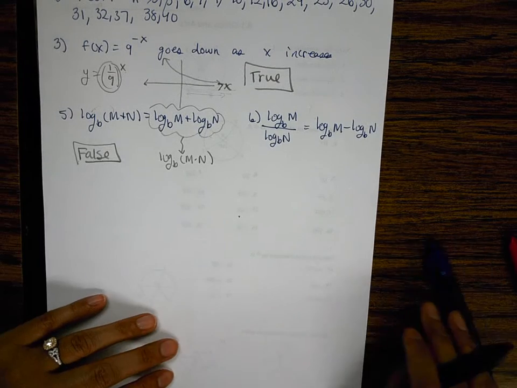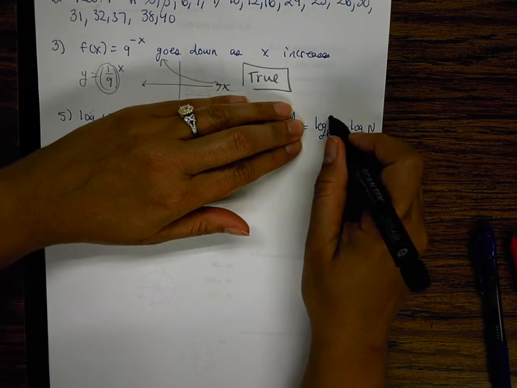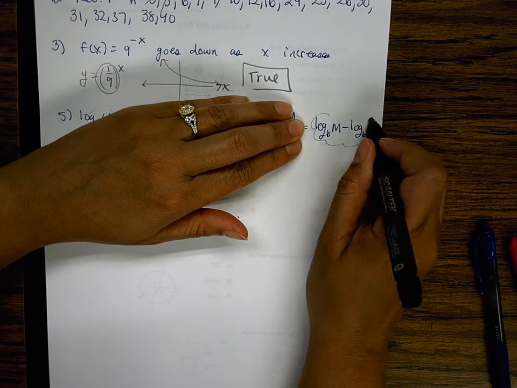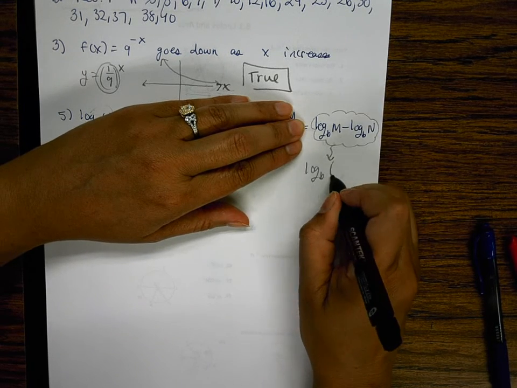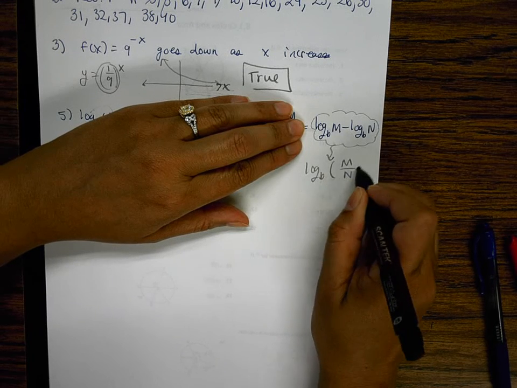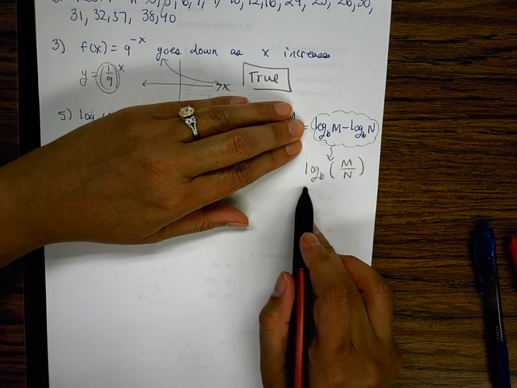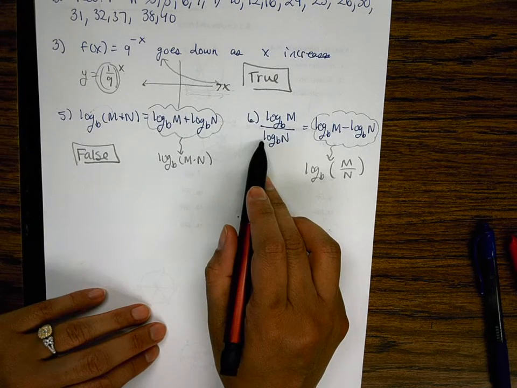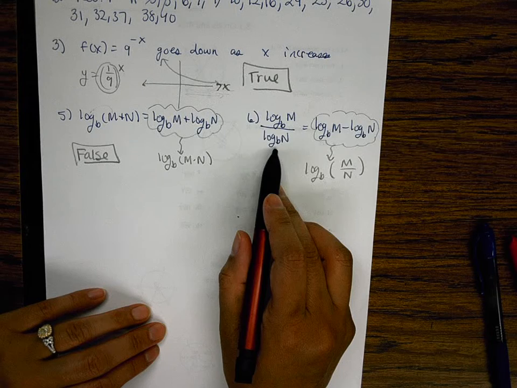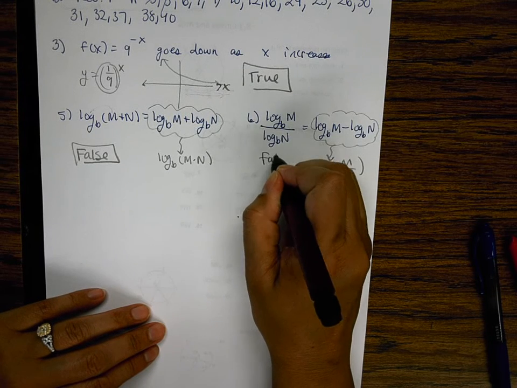Well, let's think about it. We do, I'm going to use this side here, we do. But when I change this to a fraction, it looks like this, log base b of m over n. I write it as a single log of a fraction, which is not the same thing as a fraction with two separate logs. So this is also false.